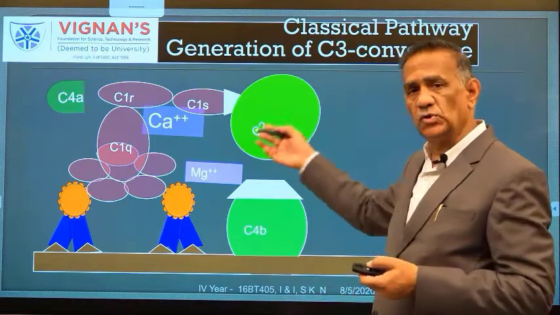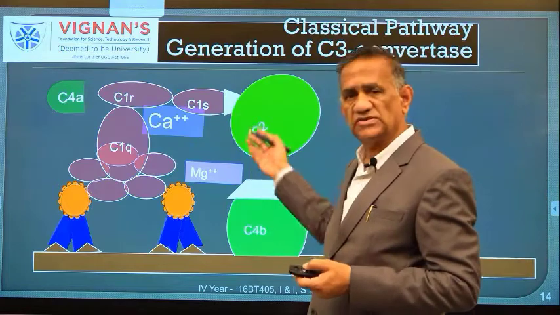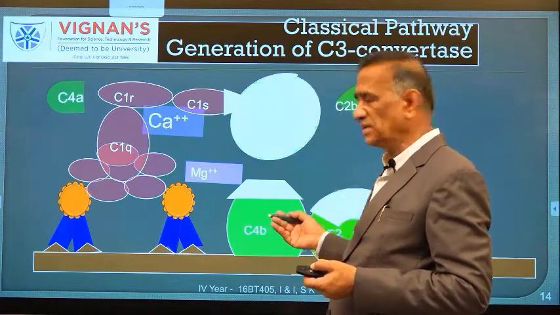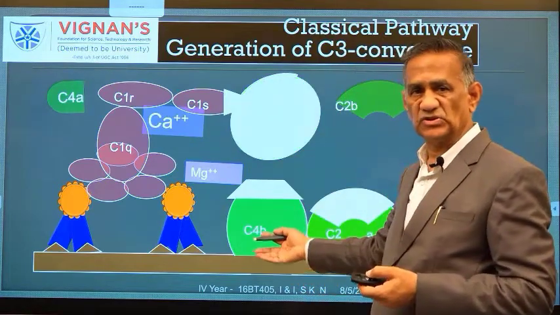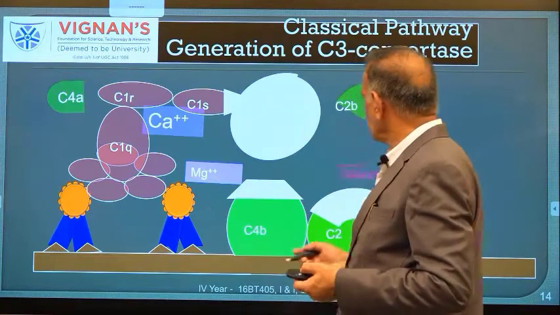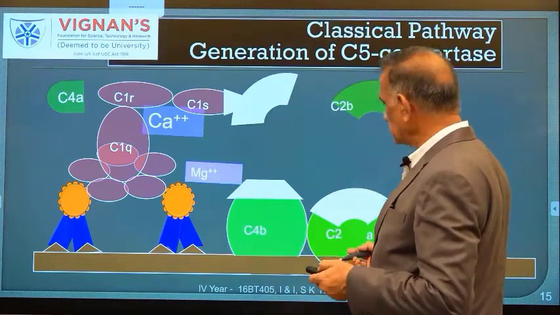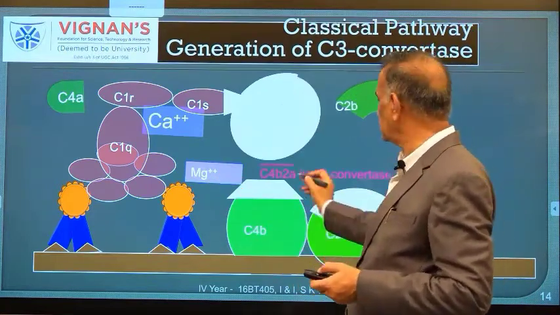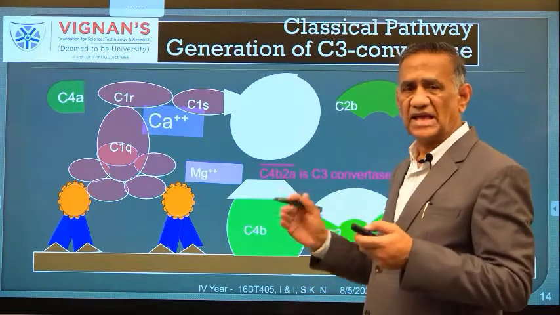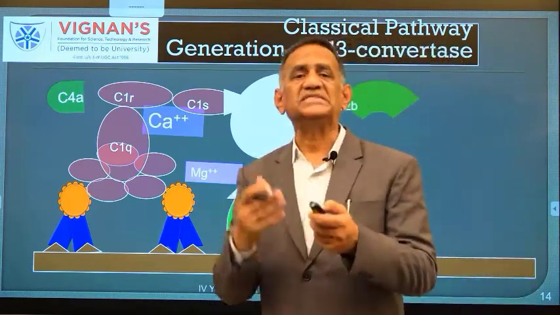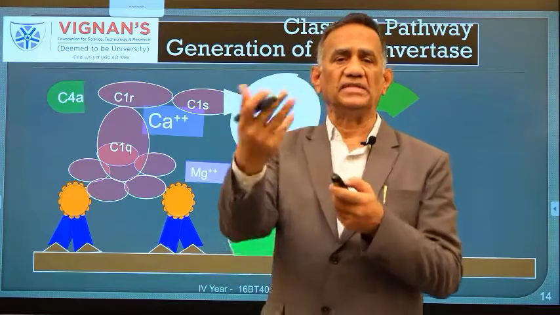C2 is again converted into C2a and C2b. C2a comes here, which is an exception, as shown in the previous slide. Now this C4b, C2a is C3 convertase. As we have seen previously, it is a cascade of events taking place one after the other.